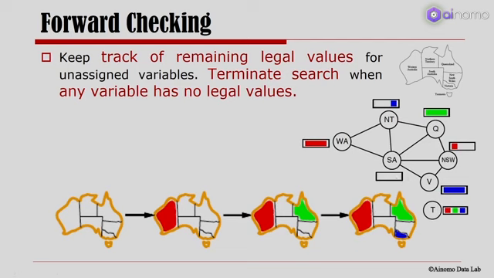After we color WA red, the only legal values left for NT and SA are green and blue. At that point, if we color Q green, the only legal value possible for NT and SA is blue.